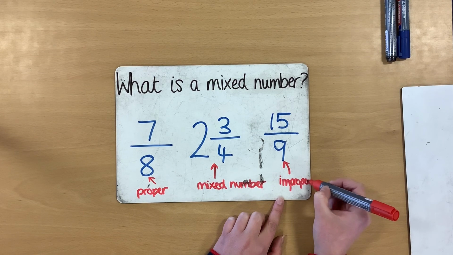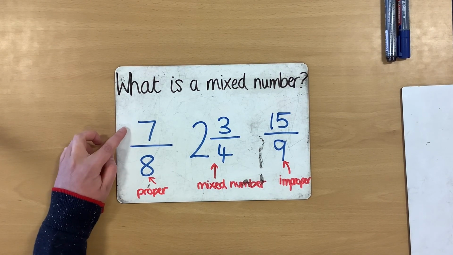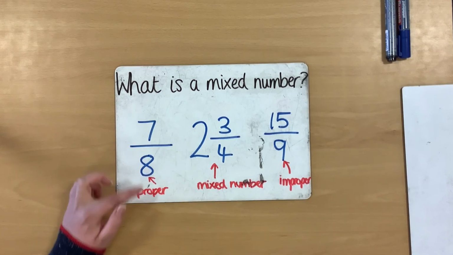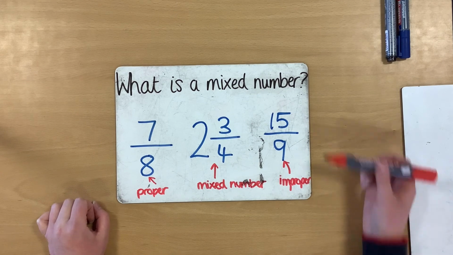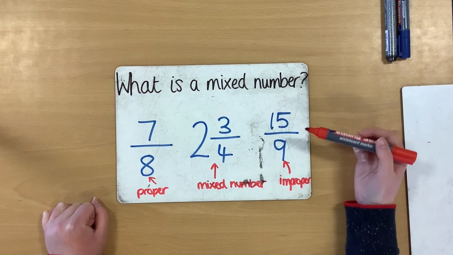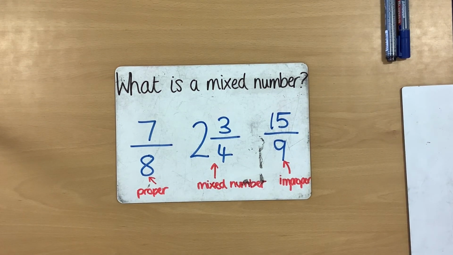A proper fraction has a numerator less than the denominator, meaning that the fraction is less than a whole, whereas an improper fraction is greater than a whole because the numerator is greater than the denominator.